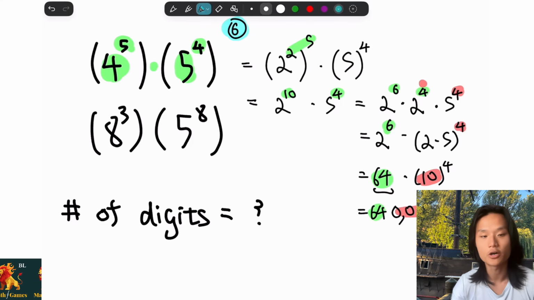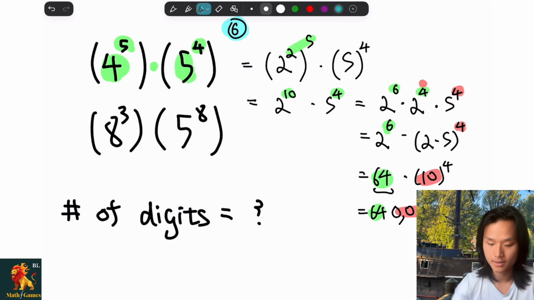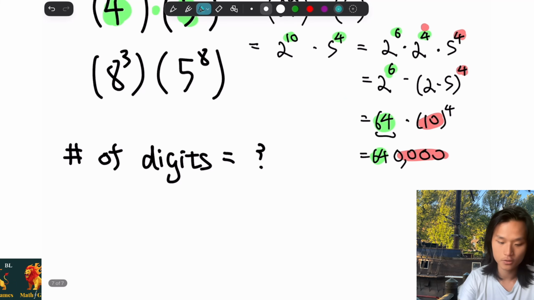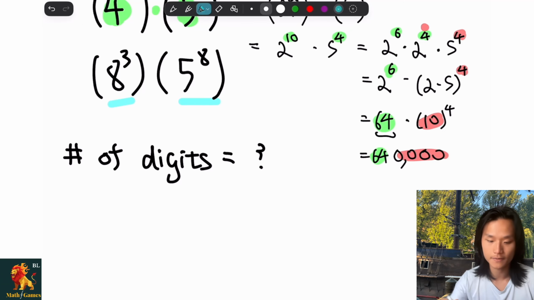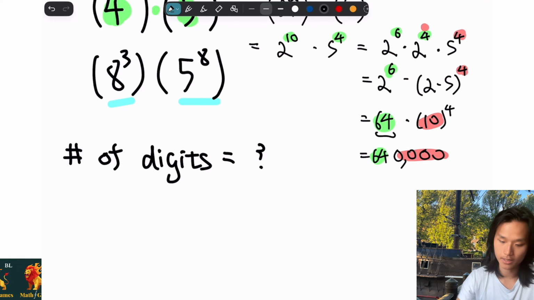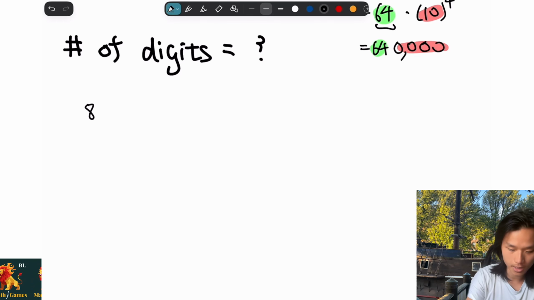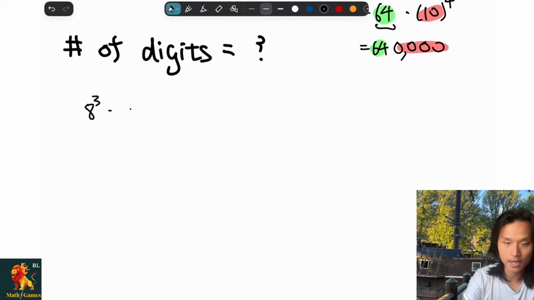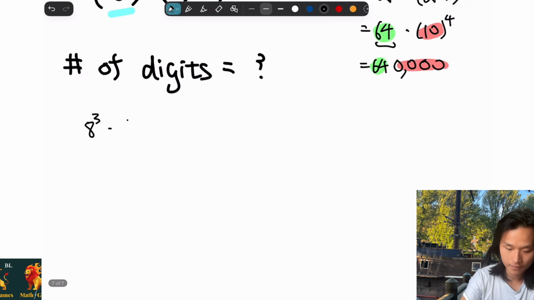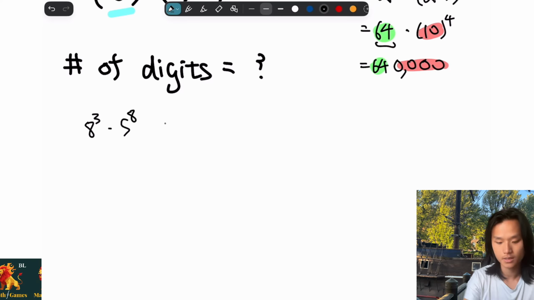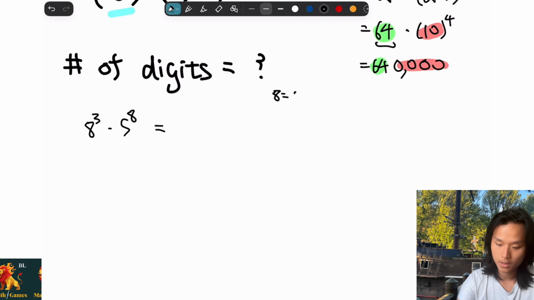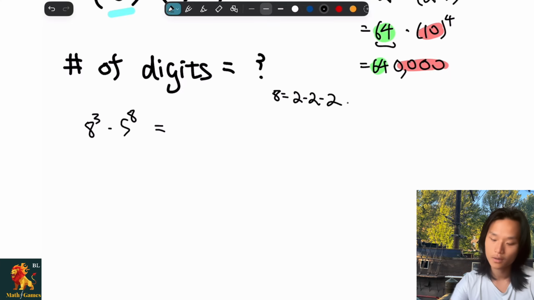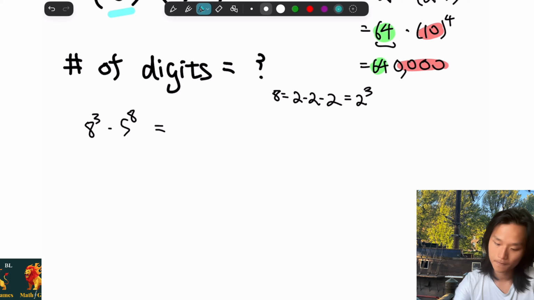Okay, so let's move on to the next one, which I believe is a bit harder. So we have 8 cubed multiplied by 5 raised to the power of 8. So let's write it down here. 8 cubed multiplied by 5 raised to the power of 8. Once again, we try to break down some of these numbers, and 8 we know to be 2 times 2 times 2, which is 2 cubed, okay?